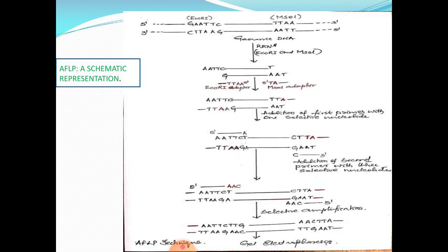Okay. In plants, AFLP is useful to generate high density maps and to detect genomic clones. So whatever I have shown in this slide, I'll just repeat.